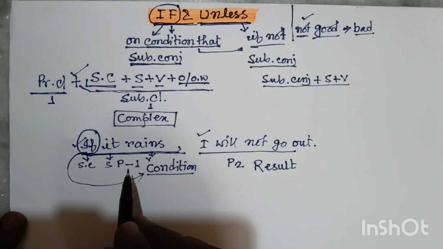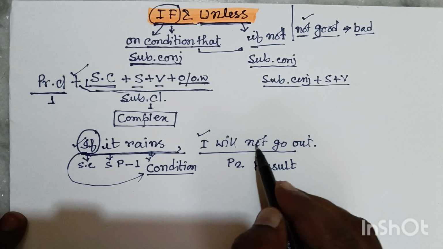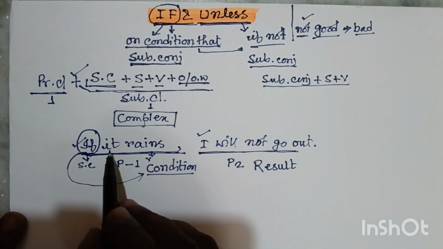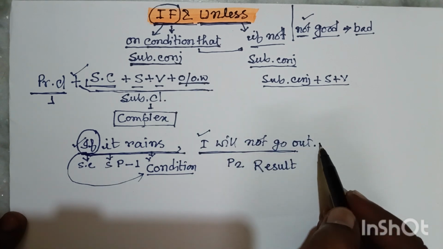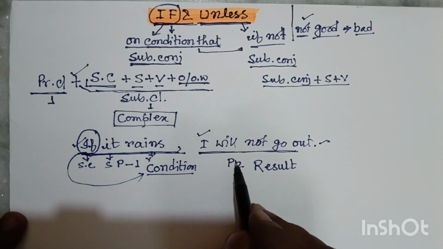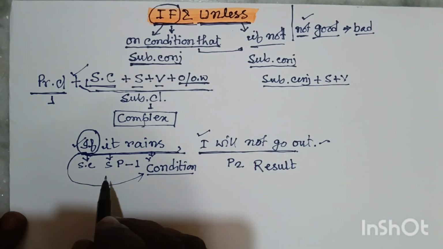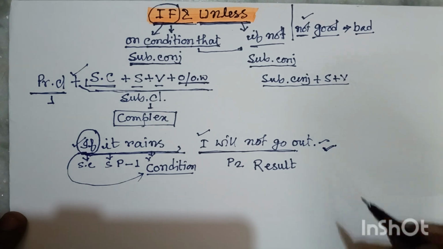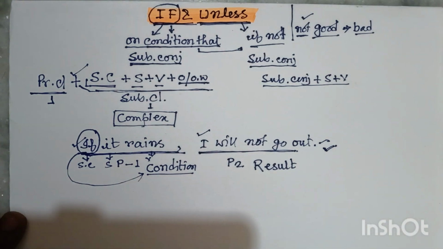This is the condition. If it rains, I will not go out. This is the result. It means if it does not rain, I will go out. Or you can say if it rains, I will not go out. My dear friends, I think you can understand the example.